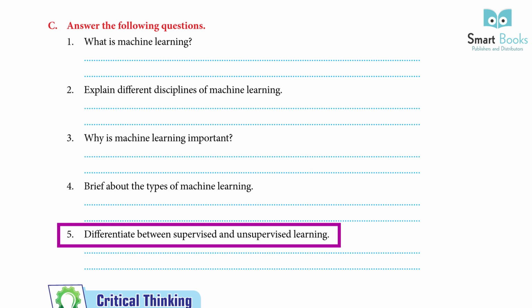5. Differentiate between supervised and unsupervised learning. Answer: the differences between supervised learning and unsupervised learning are as follows. Supervised learning: 1. Supervised learning refers to understanding, learning, and adapting with proper guidance. Unsupervised learning: 1. Unsupervised learning refers to understanding, learning, and adapting without any guidance. 2.